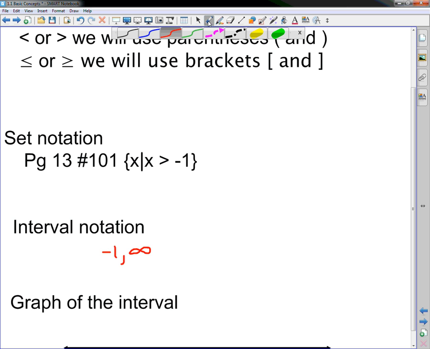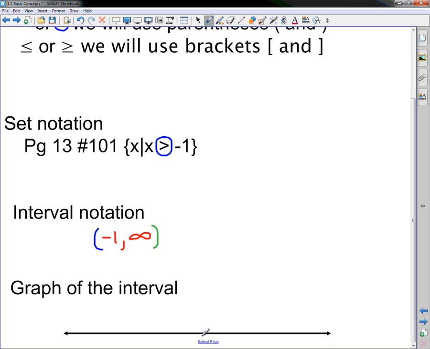Now, the greater than symbol tells me that I should be using a parenthesis. So I'm going to have a parenthesis on the -1. Now when we're working with infinity or negative infinity, we always want to use a parenthesis on the infinity symbols. This isn't a number that we can actually include, so we want to use that parenthesis.